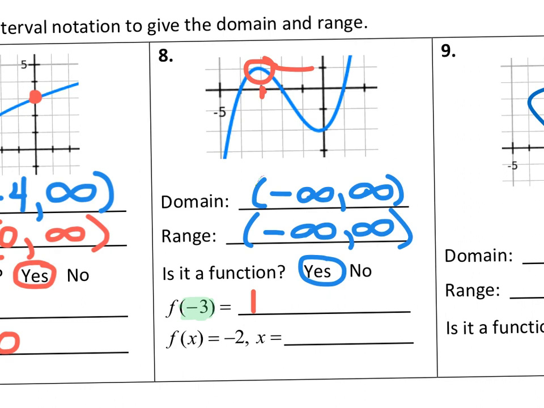And in the next part, if I'm given f of x equals -2, -2 is a y value. So I want to find where y is -2, which is right here. And there's two places where it crosses the graph, at x equals 0, and let's say x equals -4.5. So you'll have two answers for that last part.